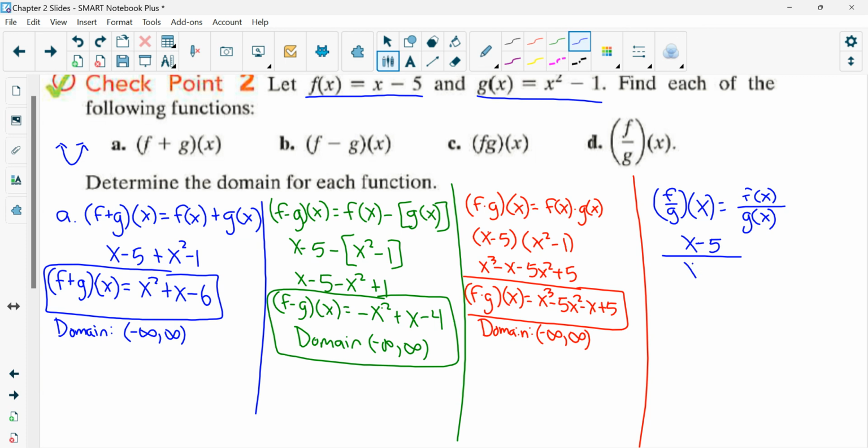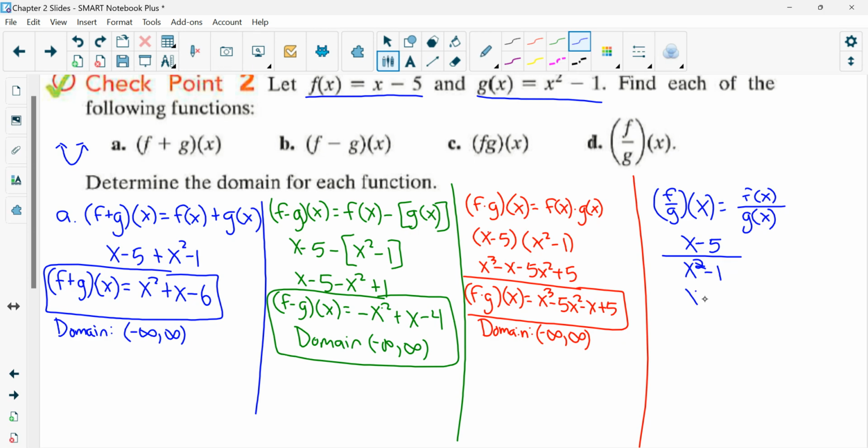G of x is x squared minus 1. So this is a rational expression. We're going to need to do what to the bottom? We got to factor it, because we're looking for an exclusion. We're looking for what numbers do not work.